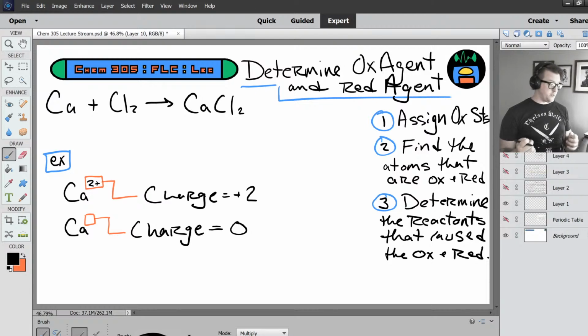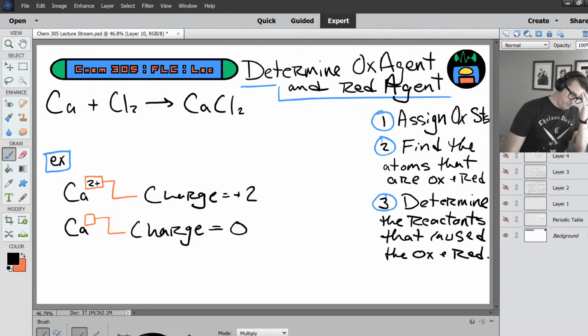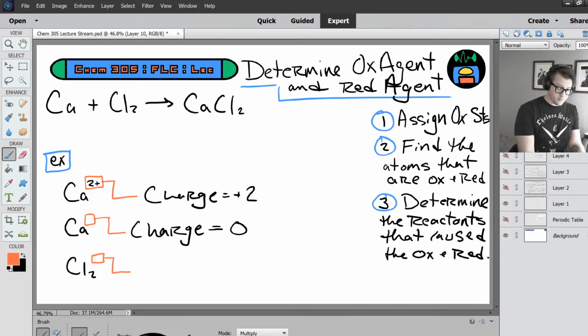Now, Brianna, often halogens are -1, but they're not always -1. Halogens usually are -1, but when you look at Cl2, we've got no charge up here.